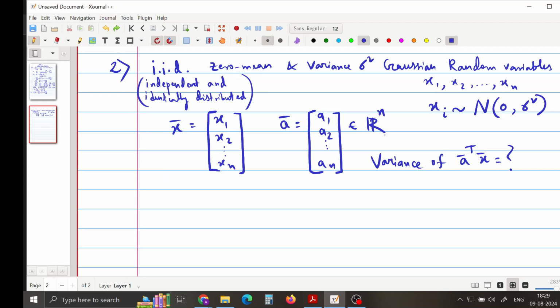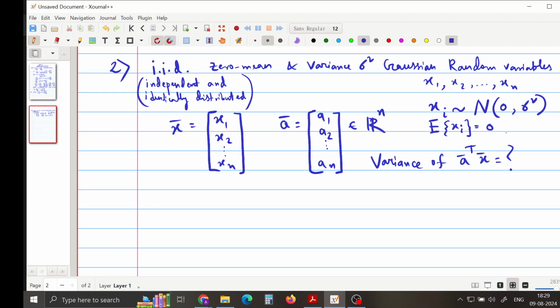So good. Let me introduce some other notations. The xi's are your Gaussian random variables, and all of them have zero mean. Mean is nothing but the expectation, so the expectation of xi is equal to 0.